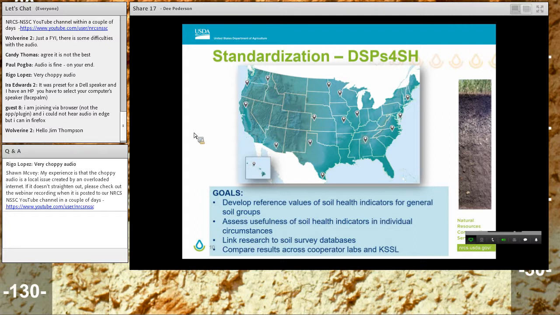And some of the indicators that are measured are that field-based soil health assessment, infiltration, the PEDON description, soil organic carbon, aggregation, soil respiration, enzymes, permanganate oxidizable carbon, available organic nitrogen, and community structure.